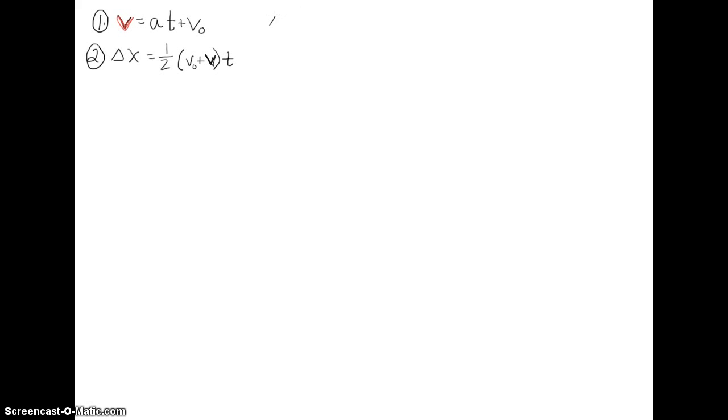So we're going to have delta x equals 1/2 v naught, and then instead of writing v, we're going to write at plus v naught from over here. So at plus v naught. And then we just have the t left over on the outside.